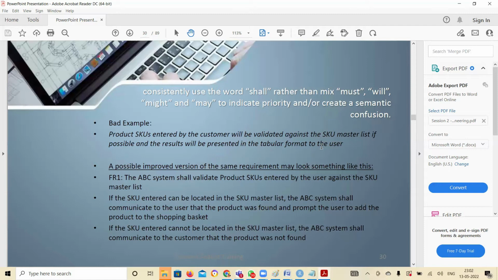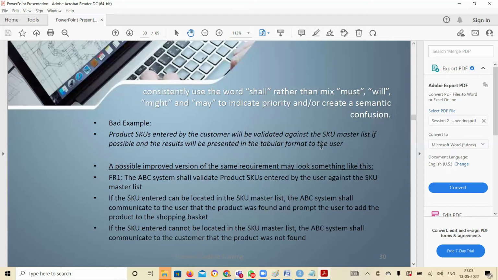The SKU entered in the system will be validated by the ABC system against the master list. And then if the SKU entered can be located in the SKU master list, the ABC system shall communicate to the user that the product was found and prompt the user to add the product to the shopping basket.